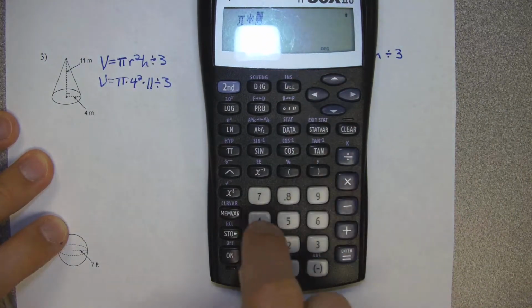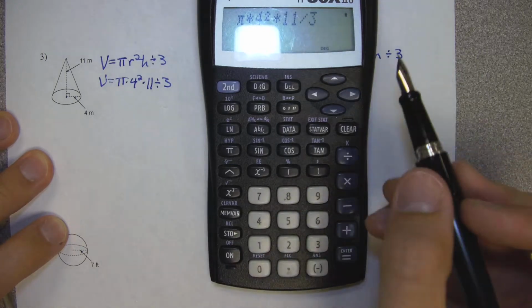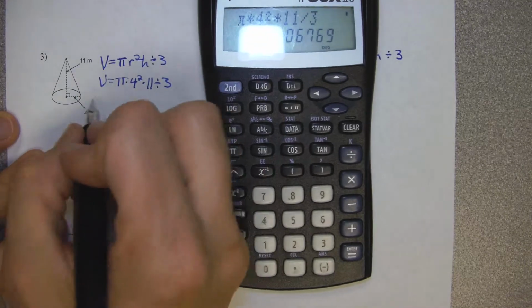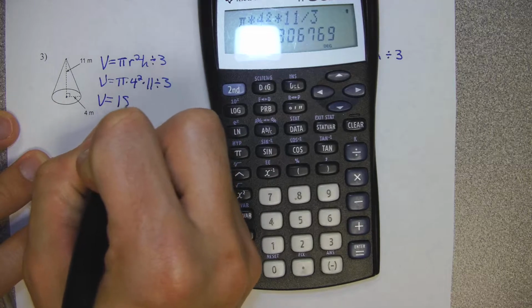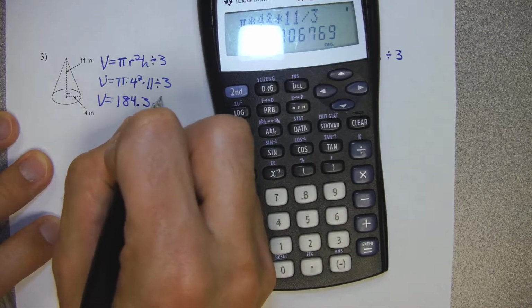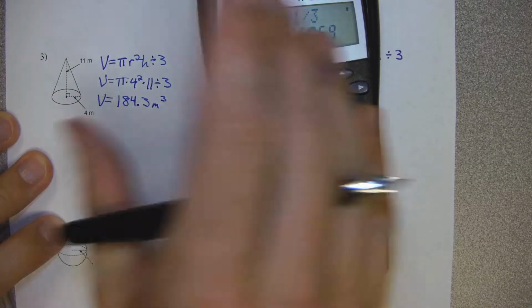Pi times 4 squared times 11 divided by 3. Here we go. And again, still rounding to the nearest tenths position, so volume in this case is equal to 184 3/10 meters cubed.